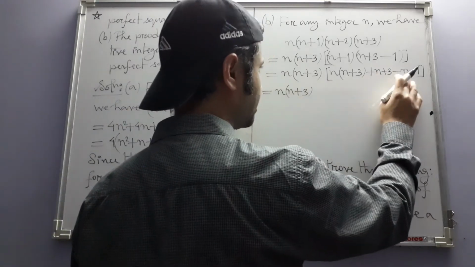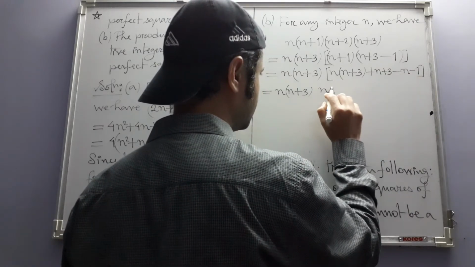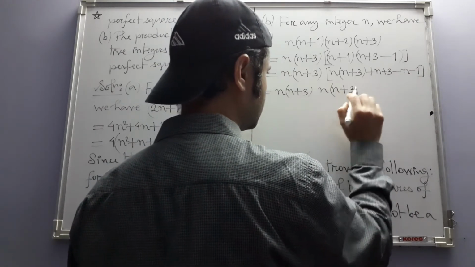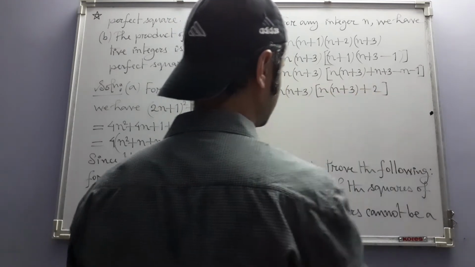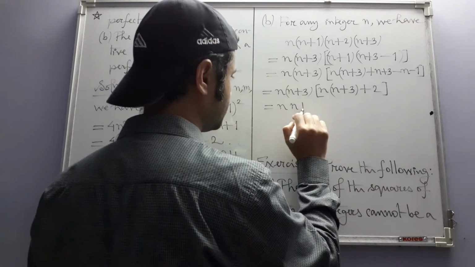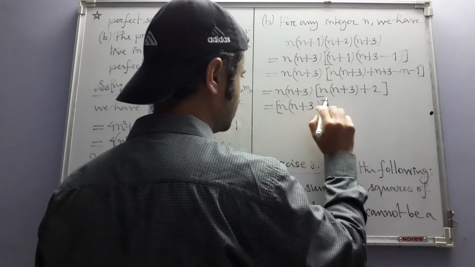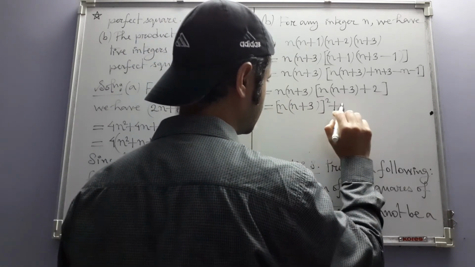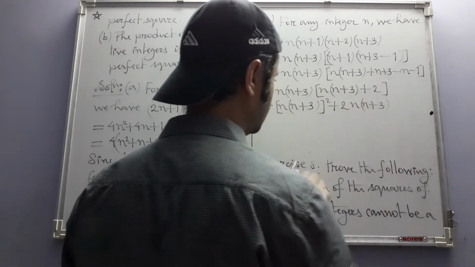So this n and minus n, they cancel out. 3 minus 1 is 2. Now we multiply. So we get square plus 2 times n plus 3.